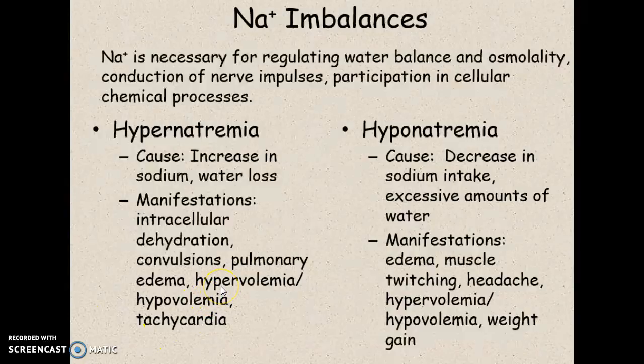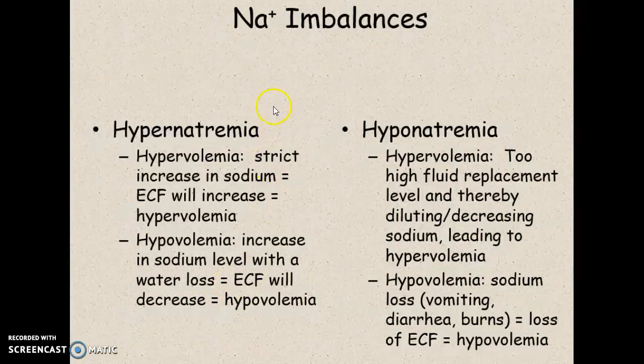But what I want to point out on this next slide is that in both cases, with hypernatremia, you can have hypervolemia. You can also have hypovolemia, which are opposites. High volume, low volume, in the same scenario.